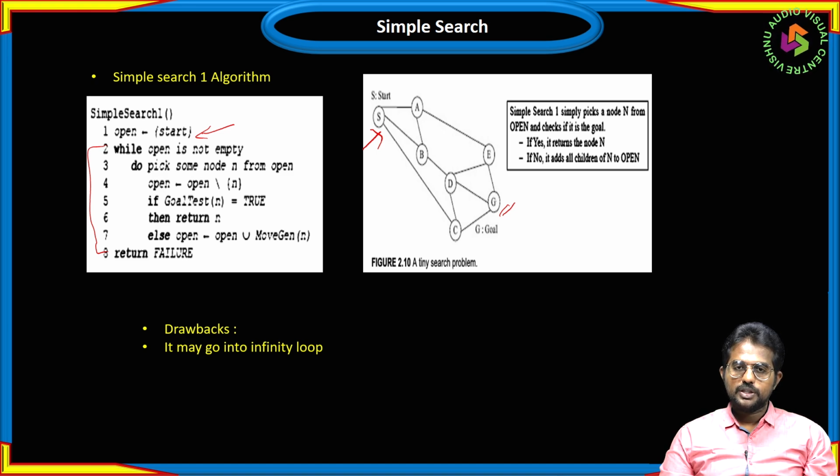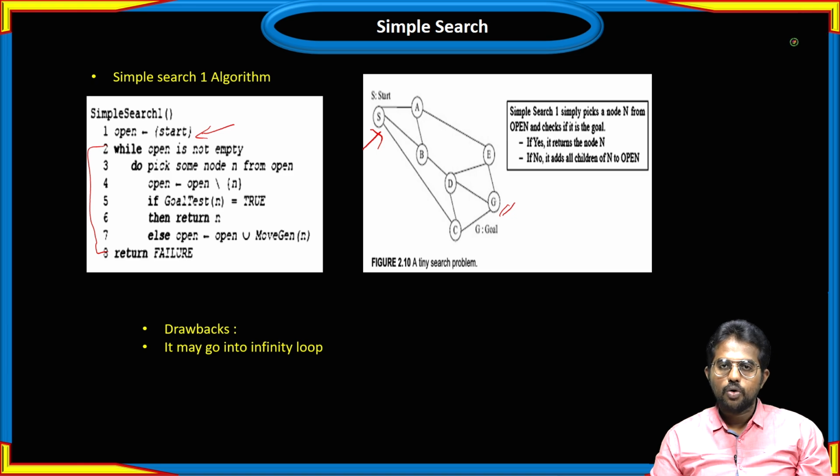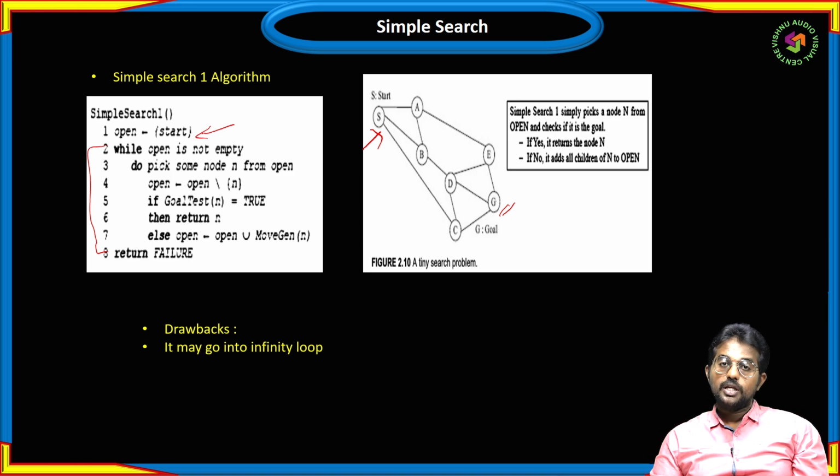In this simple search algorithm, we take one particular element from the open data structure, and after picking it, we check whether it is a goal node or not by using the goal test function. Based on the result, we move forward.